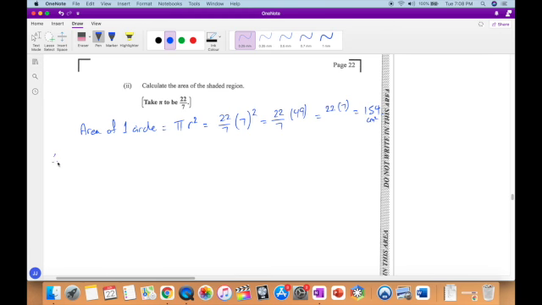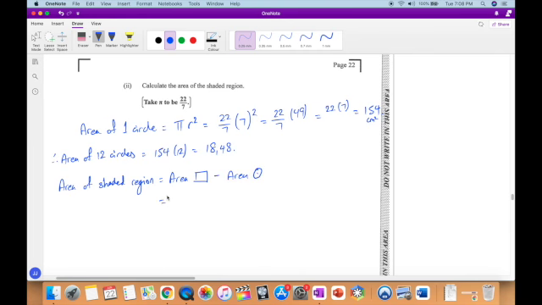So therefore, area of 12 circles is 154 times 12, which gives us 1848. Now the area of the shaded region equals the area of the rectangle minus the area of the circles.